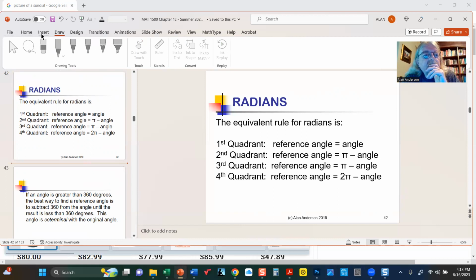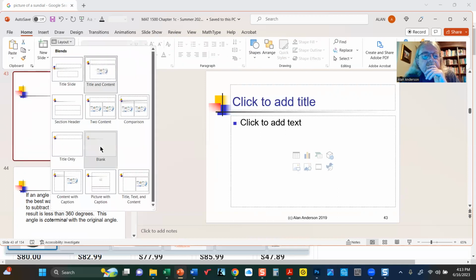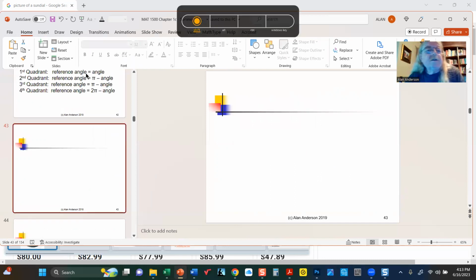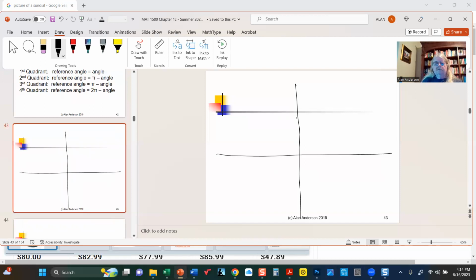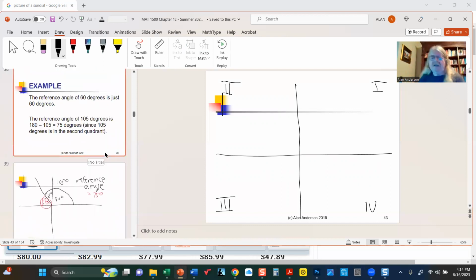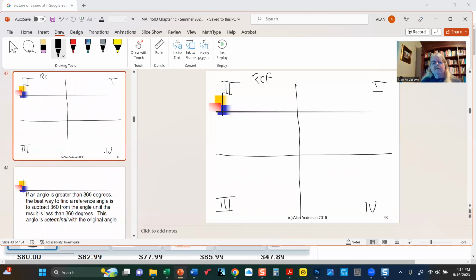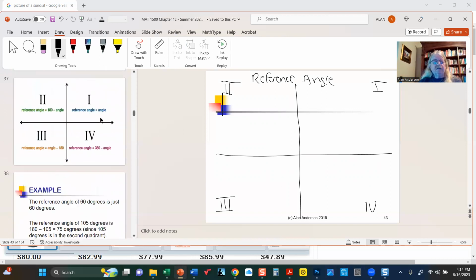So I'll tell you what, let's do this. I'm going to draw another picture, and I'm going to bring together the rules for finding a reference angle for both cases, okay.